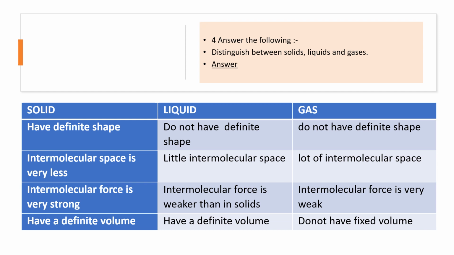Intermolecular force is very strong in solid. In liquids, intermolecular force is weaker than in solid, and in gas, intermolecular force is very weak. Now, solids have a definite volume. Liquids also have a definite volume, but gases do not have fixed volume.